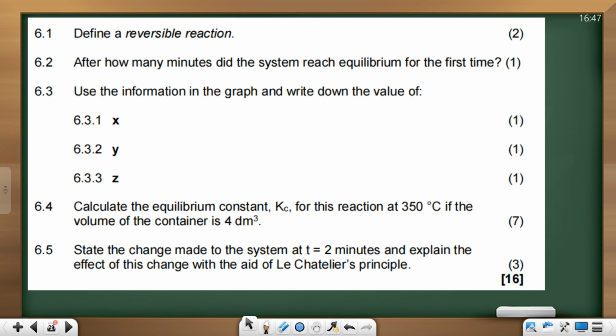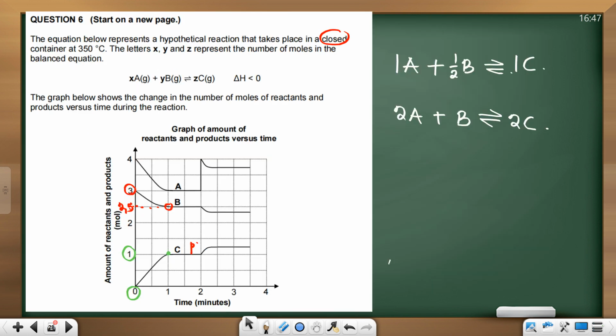After how many minutes did the system reach equilibrium for the first time? Give me an answer. For the first time. After how many minutes? Awesome. 1.